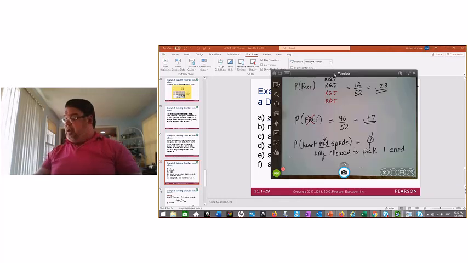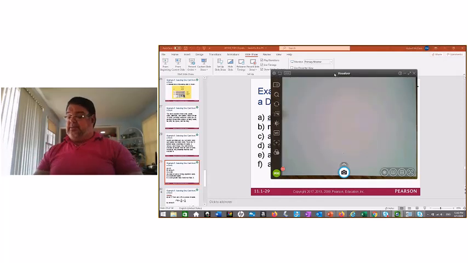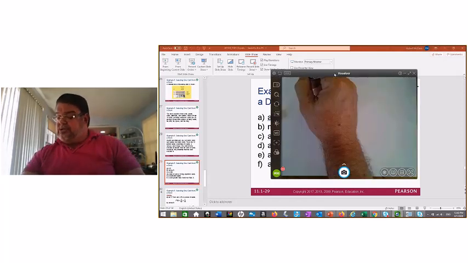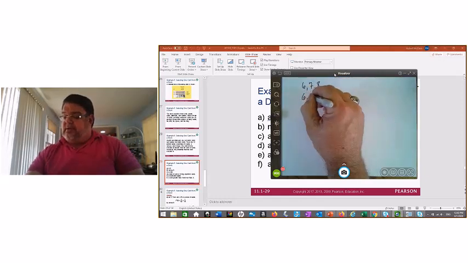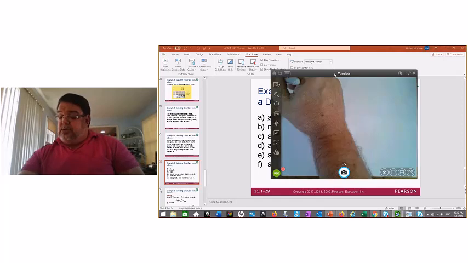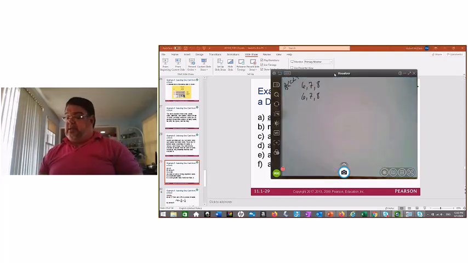Okay, so let's look at that. Greater than 5 and less than 9. So 6, 7, 8. This is the probability of a card being greater than 5 and less than 9.